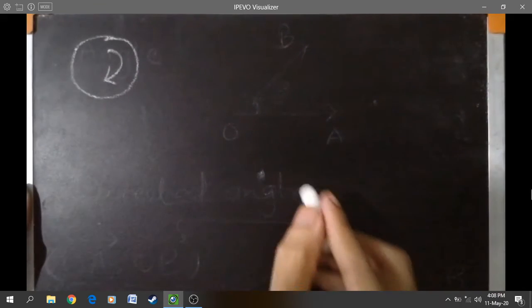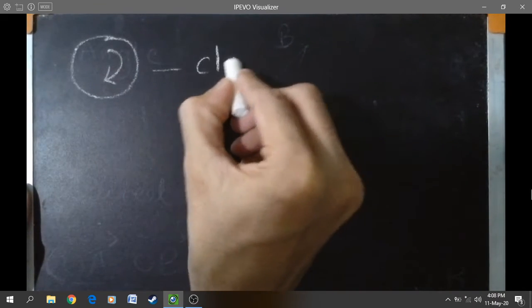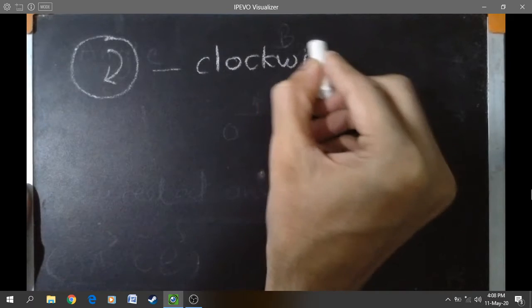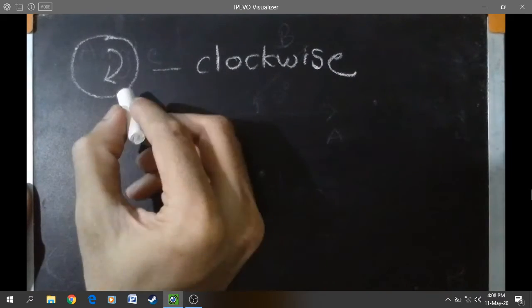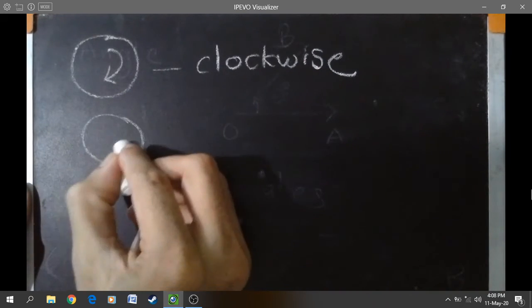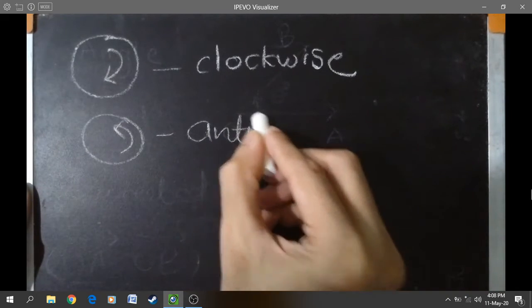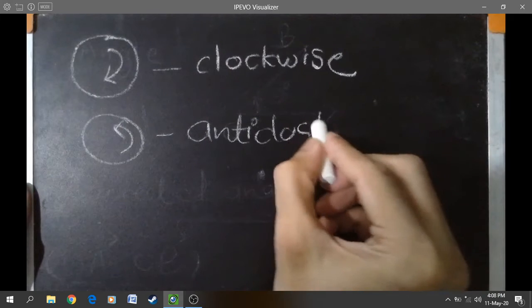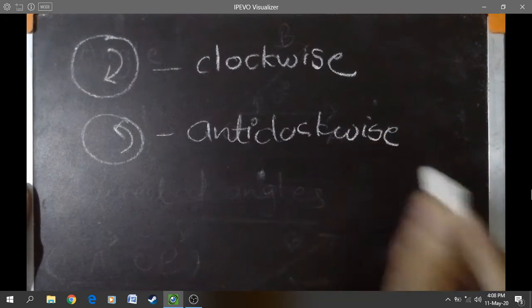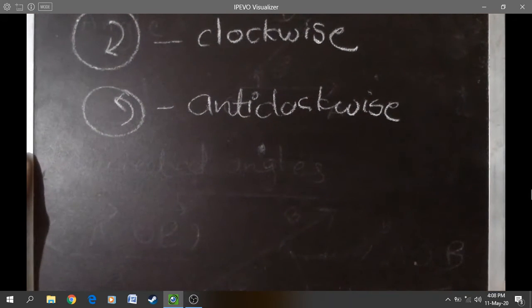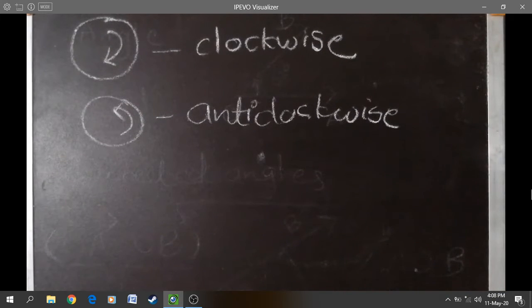The clock goes in this direction, so it is called clockwise, and opposite to this is anticlockwise. So these are the directions of rotation we know.